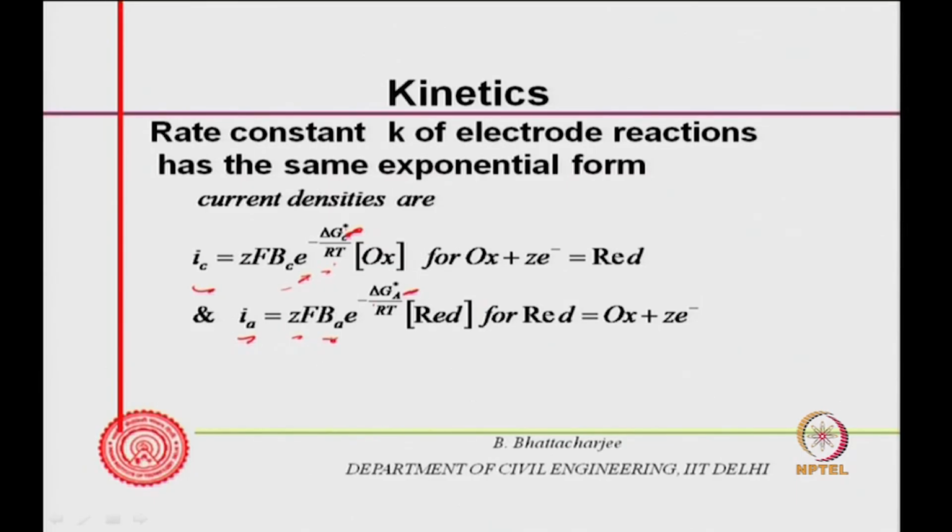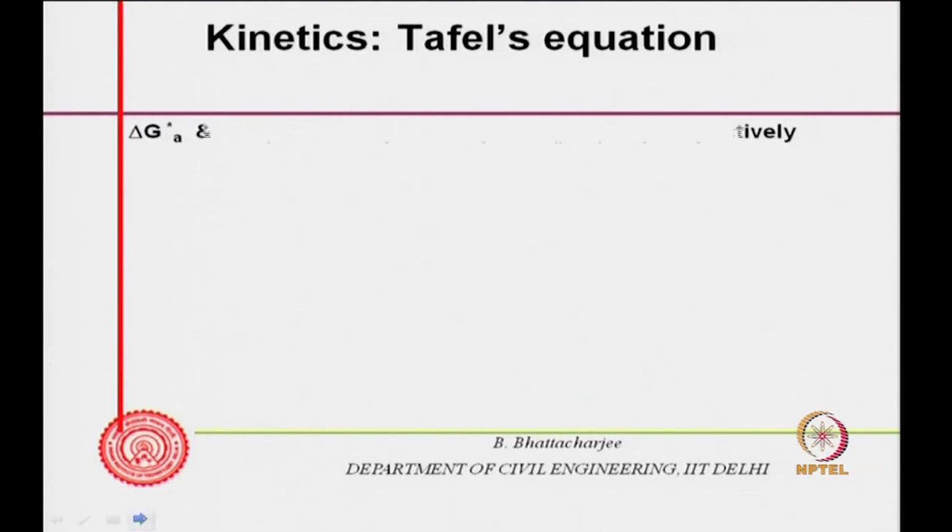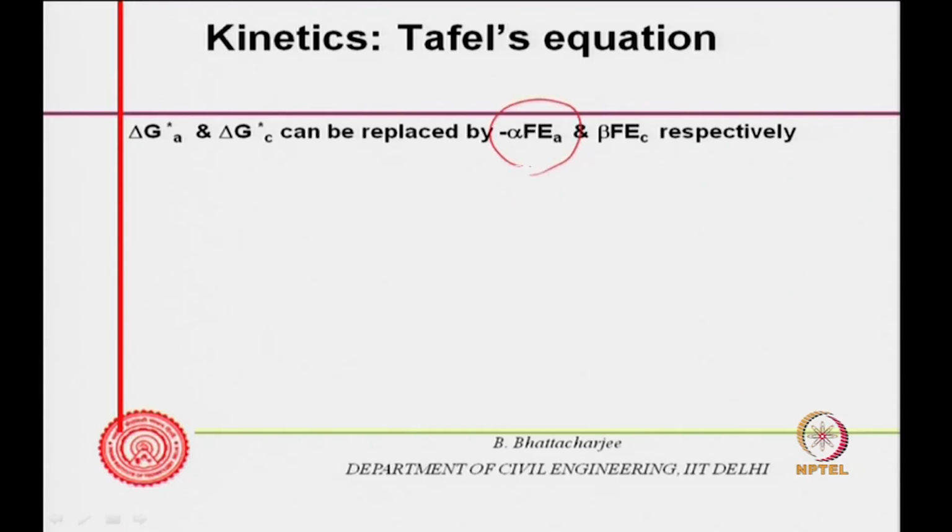The net current will be the difference between these two, and one can write it like this. This is the net current at the electrode if I am applying current. But delta G can be replaced by some alpha F EA, because it is F into alpha into EA. Activation potential energy can be related to the potential in this manner.